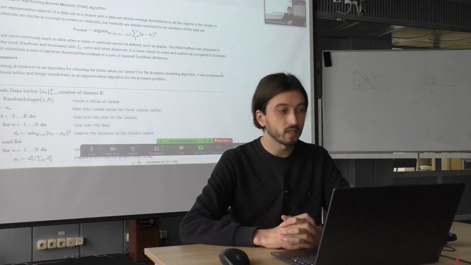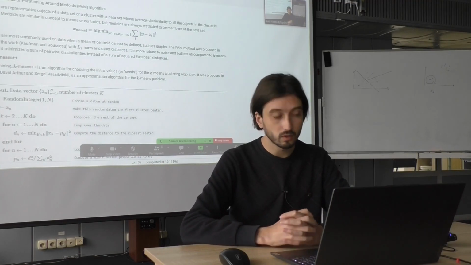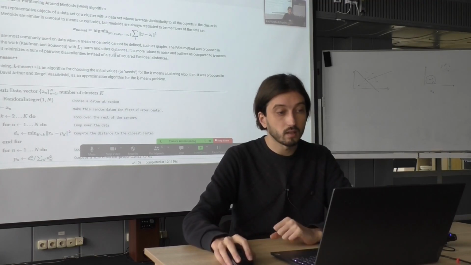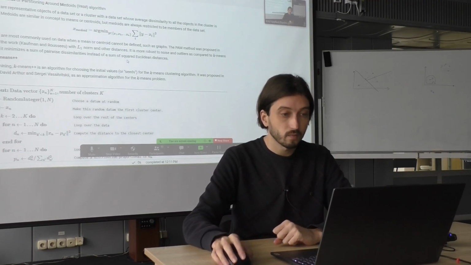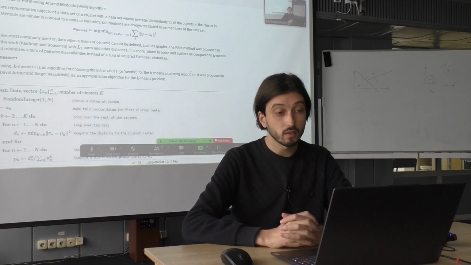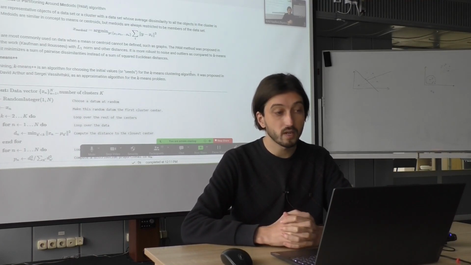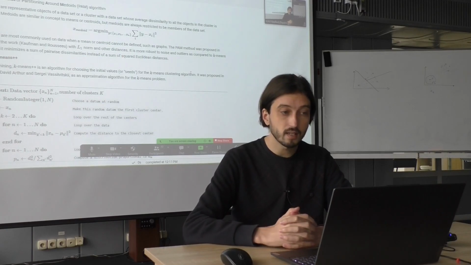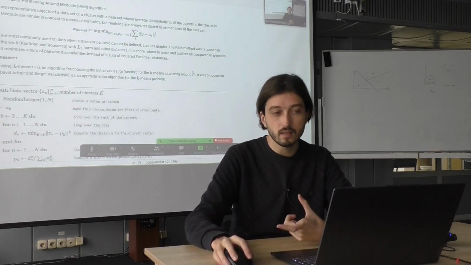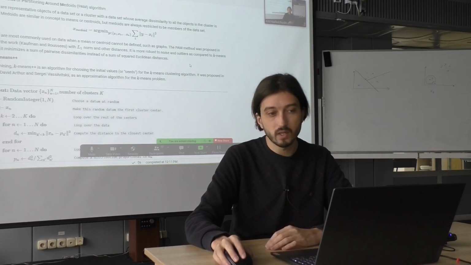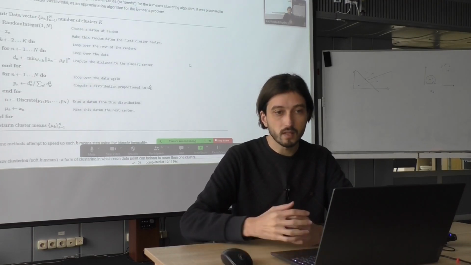First, it was proposed in 1987, so not very long ago, with L1 norm and other distances. So it's much more robust to noise and outliers as compared to k-means because it minimizes a sum of pairwise dissimilarities instead of the sum of squared Euclidean distances. We remember that Euclidean distances are, let's say, tricky in the sense of minimization.